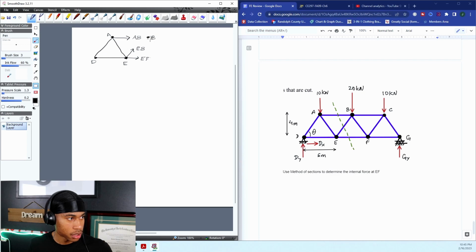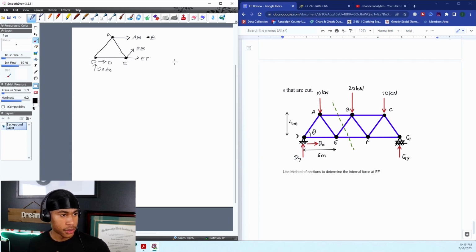So that's very important. And we also have a force of 20 kilonewtons, and we just saw it for that. So hopefully that makes sense. And this force is 0. Okay, so we got our pin.